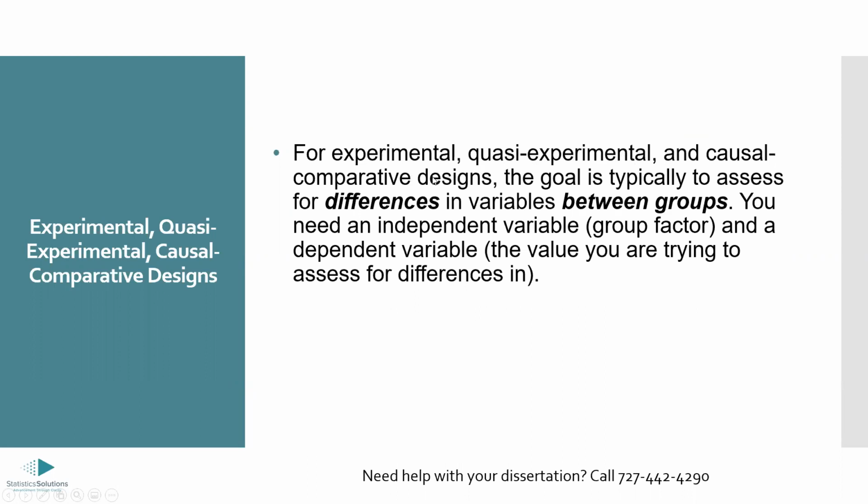Causal comparative can also happen if the groups you're trying to compare are predetermined, like gender, male and female, or ethnicity. Those are predetermined characteristics. You are not assigning those characteristics as a researcher. So that's when you do, again, quasi-experimental or causal comparative. The idea behind these is that you're looking for differences in a variable between groups.